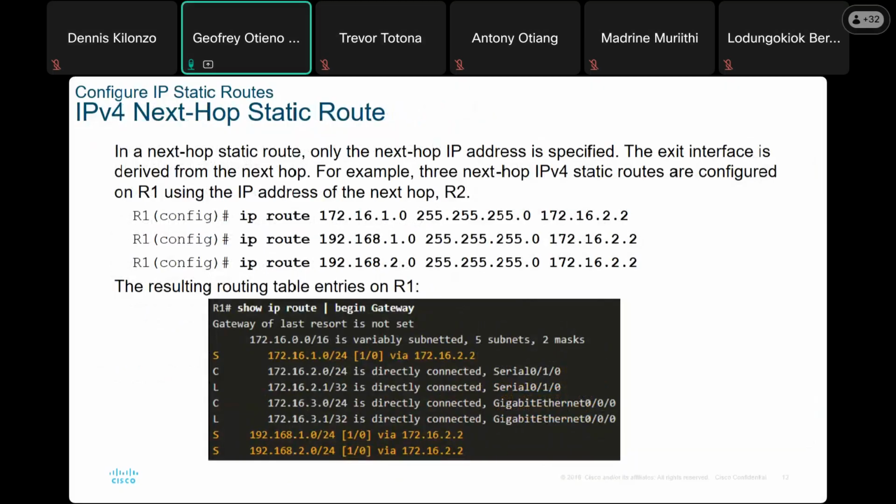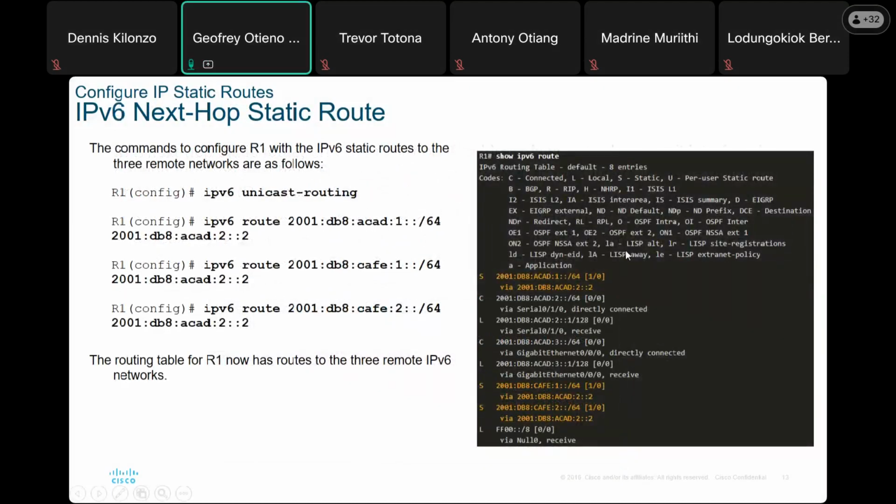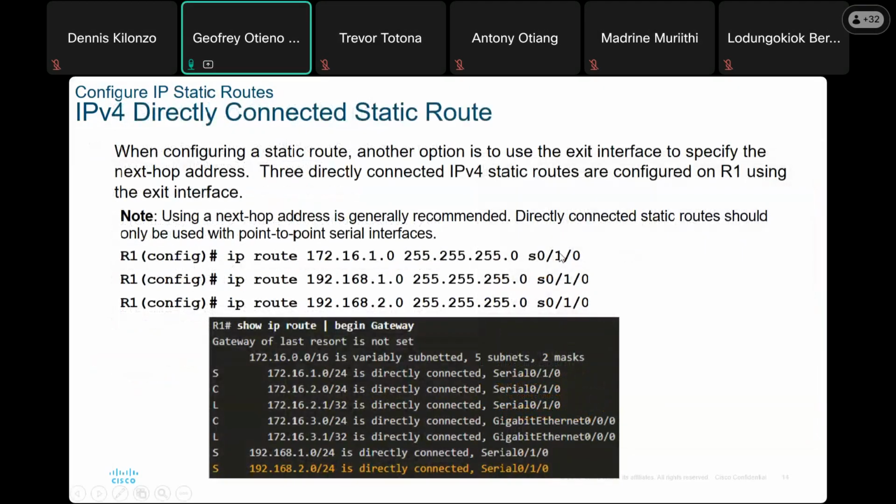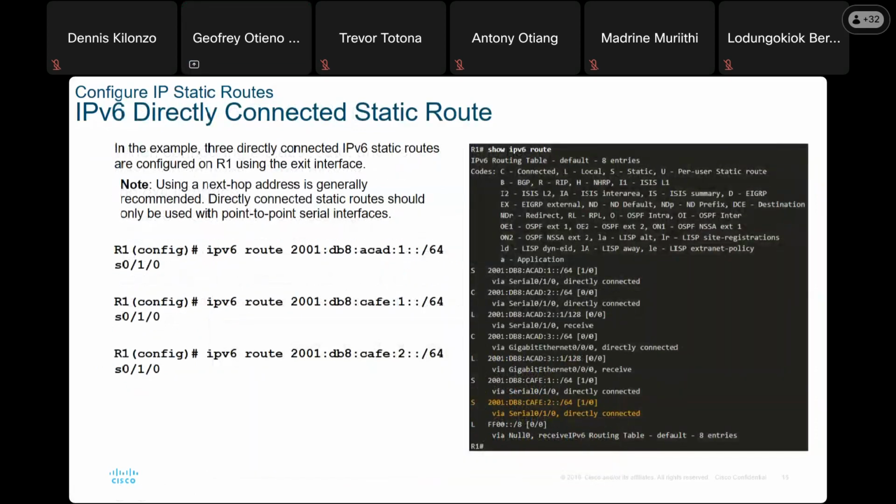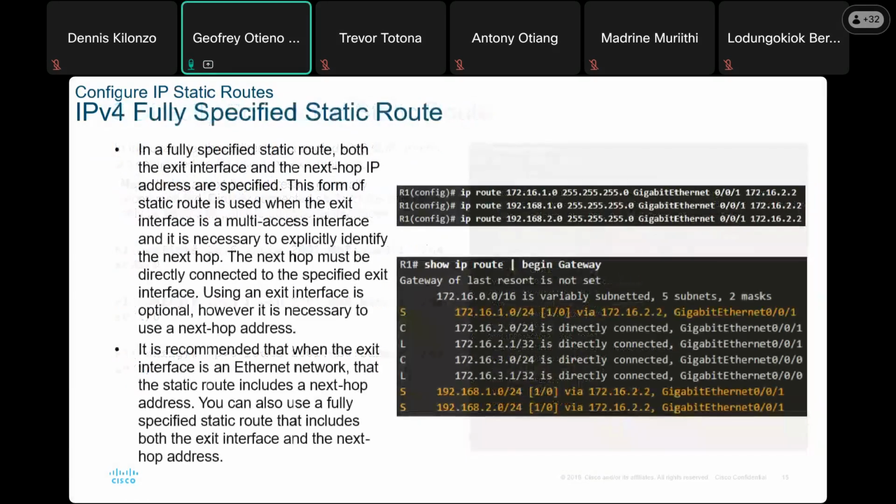Previously, you have been setting up this. But now you want to replace them with the interface. That's what you're calling a directly connected static route, for both IPv4 and IPv6.